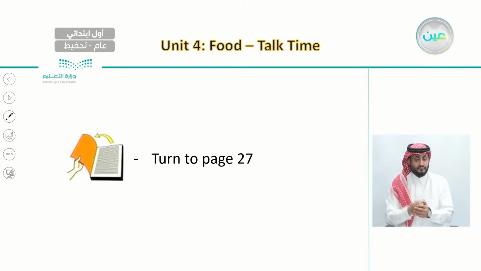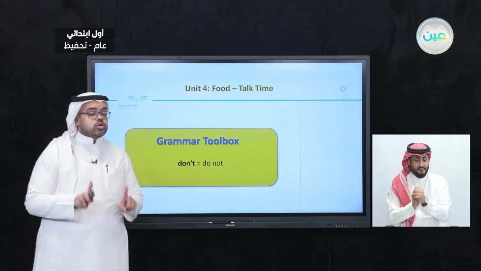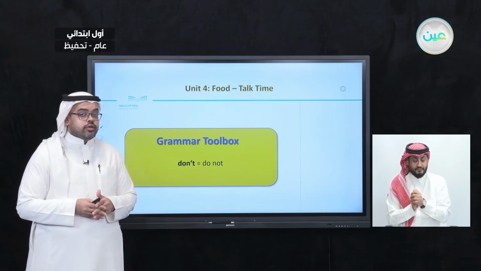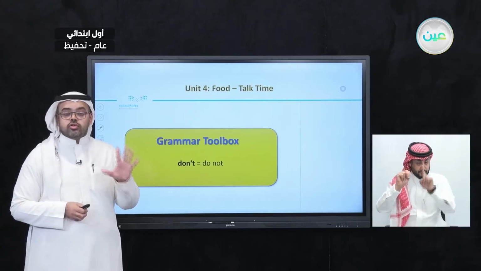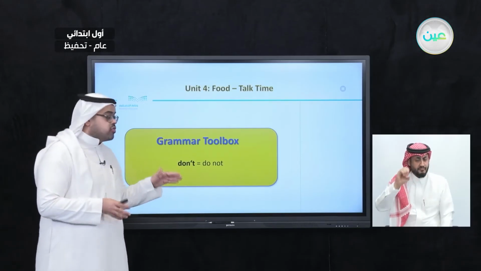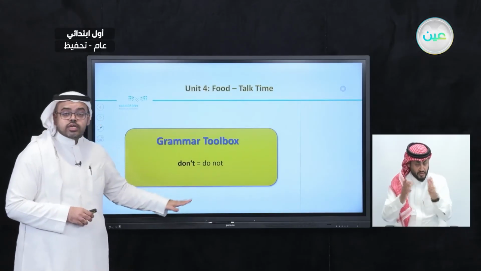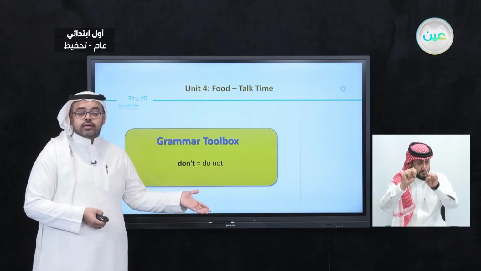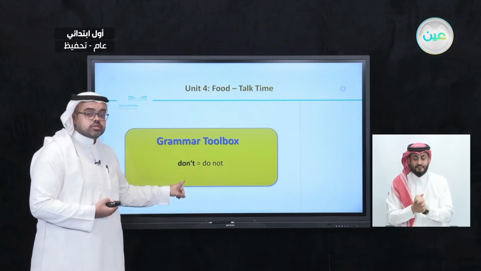Now, let us move on to page 27. I would like you please to turn to page 27. On page 27, the first thing that we need to know is in the grammar toolbox. When we say I do not like this food, do not is the full form of the word don't. So, for example, we usually say, I don't like.